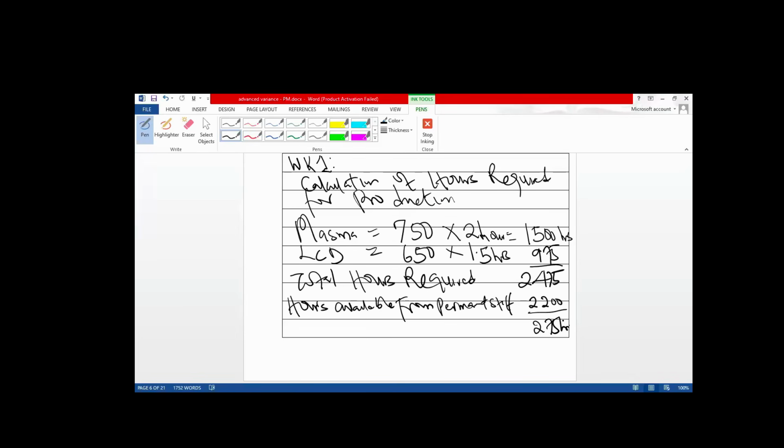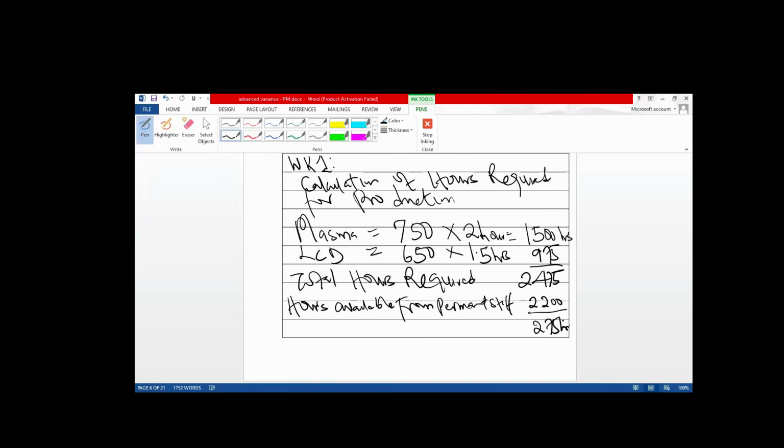Why are we taking temporary staff? Because our permanent staff cannot take care of all the production. Production volume has increased. These hours are supposed to be supplied by temporary staff now.